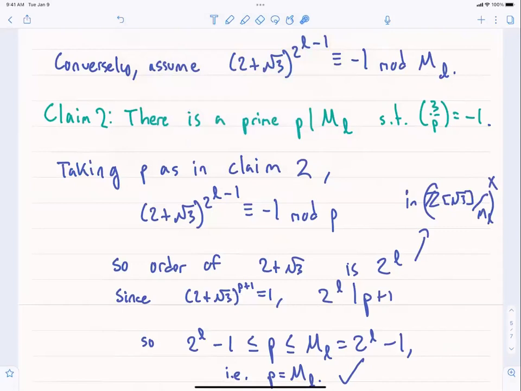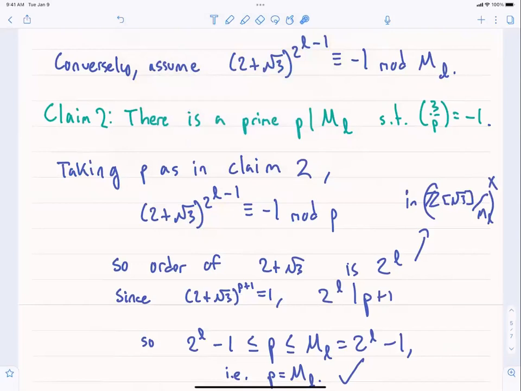If I raise this to the 2 to the Lth power, I'm just squaring minus 1, and so I get minus 1 squared, which is 1. So definitely the order divides 2 to the L. On the other hand, we saw that to verify the exact order was 2 to the L, we just had to check that when I raise it to the 2 to the L minus 1th power, I got something non-zero.